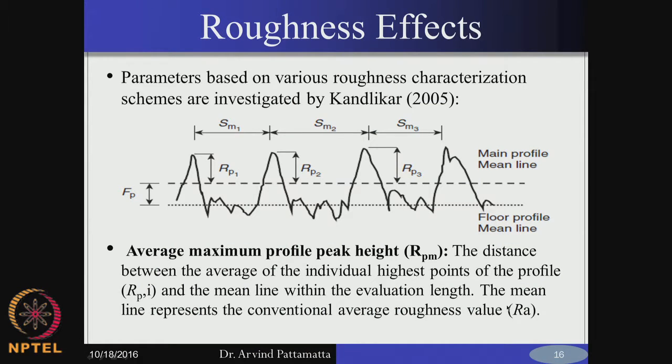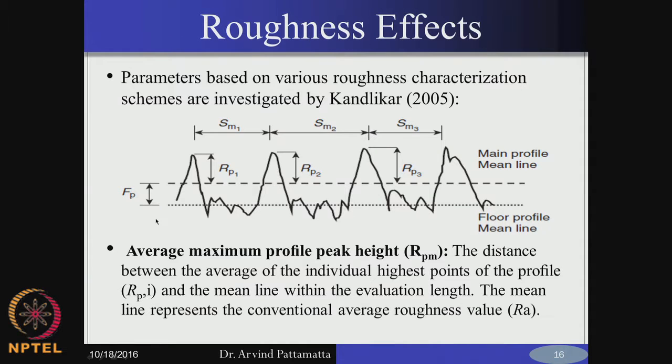defined certain parameters. One is what he defines as the average maximum profile peak height. We draw a floor or baseline, and then we estimate the average height of the roughness.